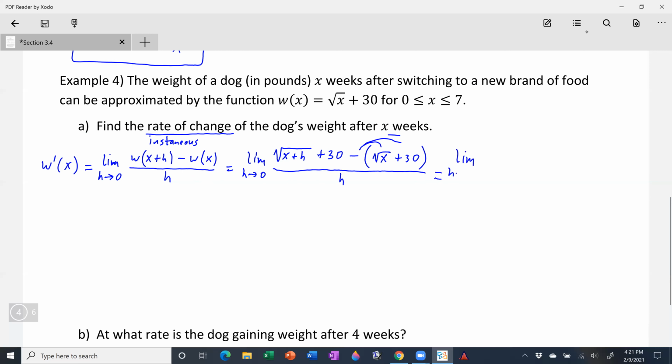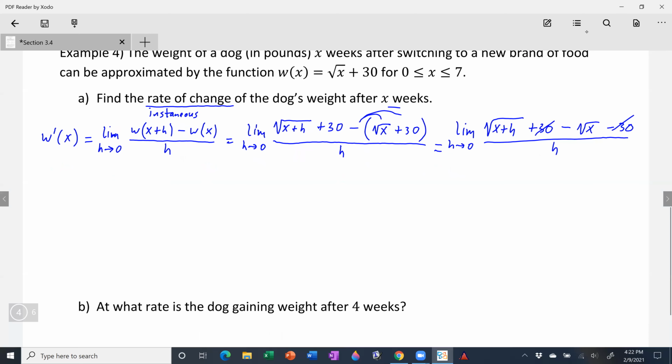Okay, let's do some cleaning. The limit as H goes to 0 of square root of X plus H. Okay, so then we have plus 30 minus square root X, and then that'll be minus 30 when we distribute that negative in there. Okay, plus 30 and minus 30 cancels, so that's pretty nice.